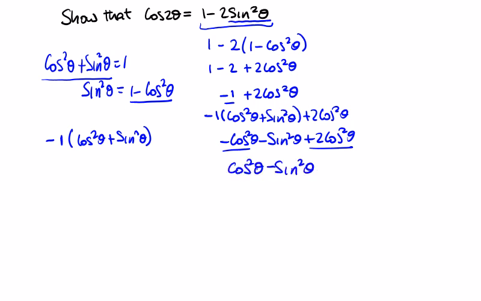And if we go to our identities, cos squared theta minus sine squared theta, well, we could change it to cos theta by cos theta minus sine theta sine theta.